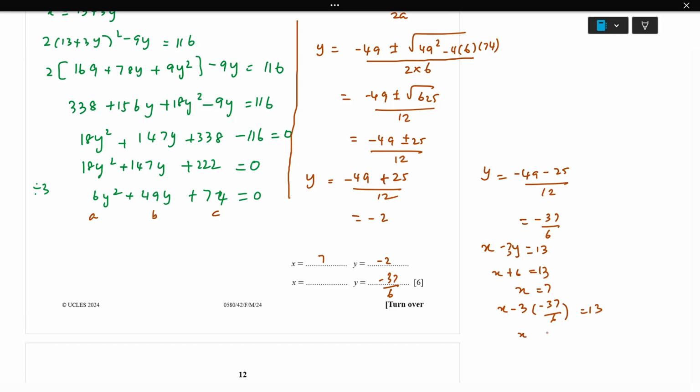So x equal to 13 plus 3 into 37 by 6, with the minus signs making it minus anyway. We get x equal to minus 11 by 2. So the answer is minus 11 by 2 here.